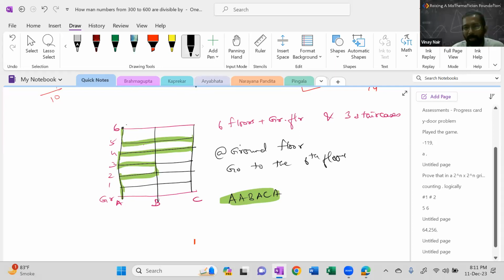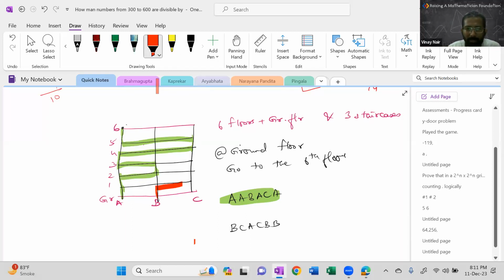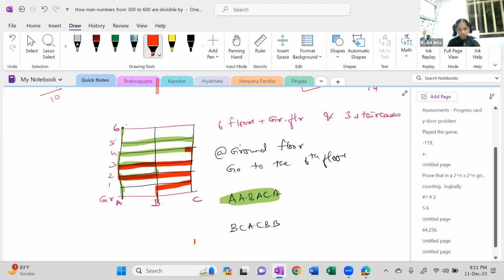Let's say that is not allowed. Otherwise, you may just get stuck in that loop. And let us say that you take another path B, C, A, C, B, B. In that case, your path is going to be B, C, A, C, B, B. This is another path.